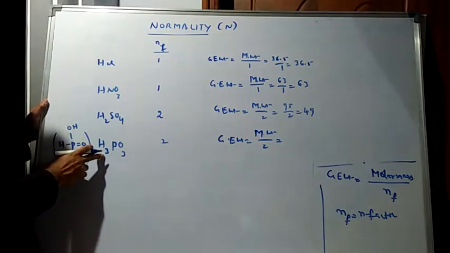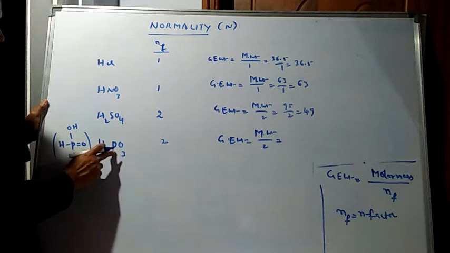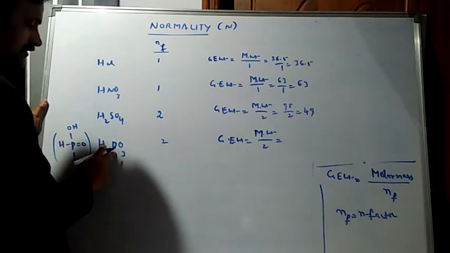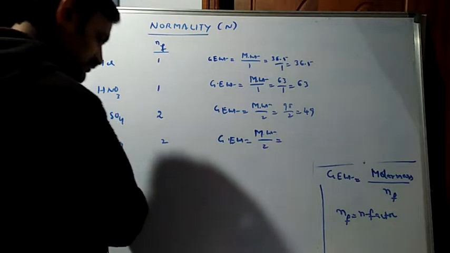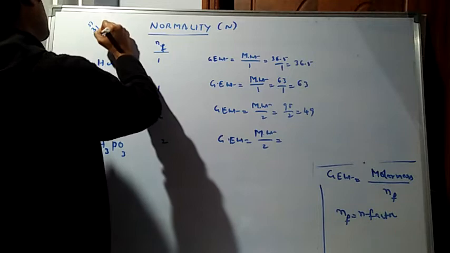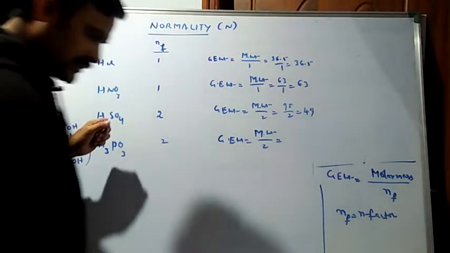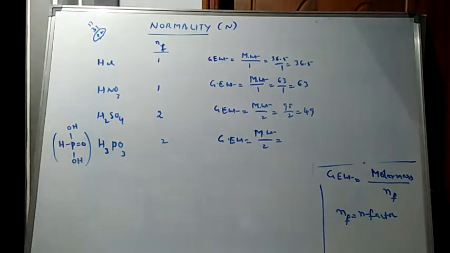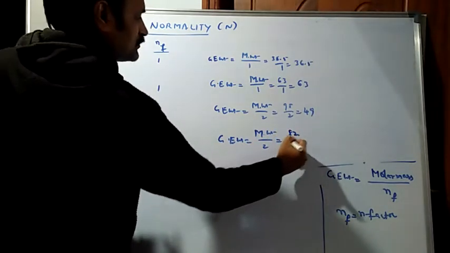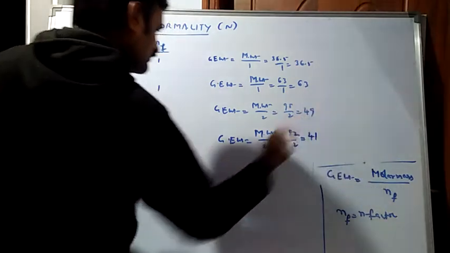Here 3 hydrogens, 3 oxygens, 48 plus 3 is 51, plus 1 phosphorus, which is 31, so it is 82. We write 82 by 2, so I can finalize this as 41 only.